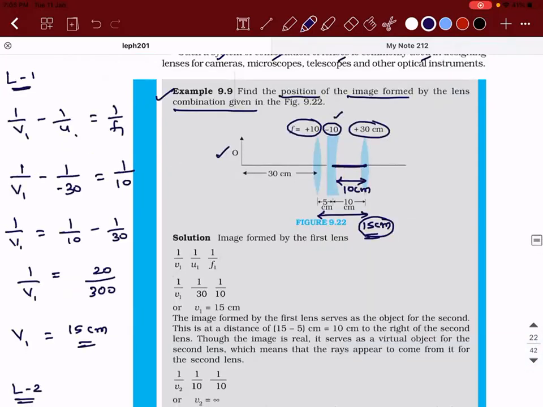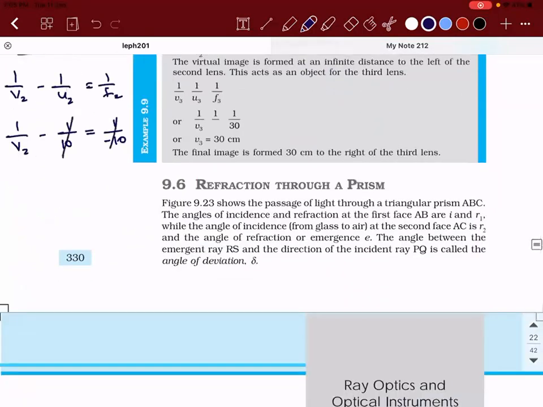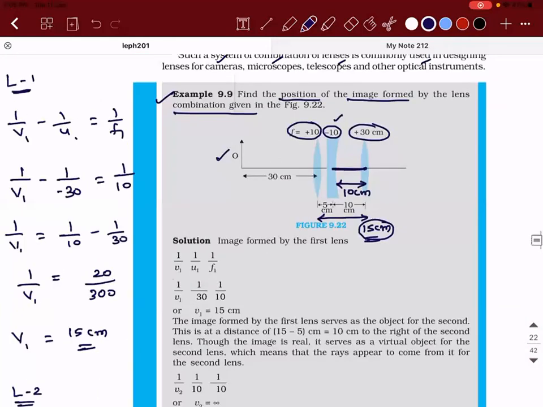Moreover, it's a plano concave lens, and they have given the focal length as minus 10. So this and this will get cancelled. 1 by V2 will be equal to 0, which implies V2 is equal to infinity. Means the image due to the second lens is formed at infinity.